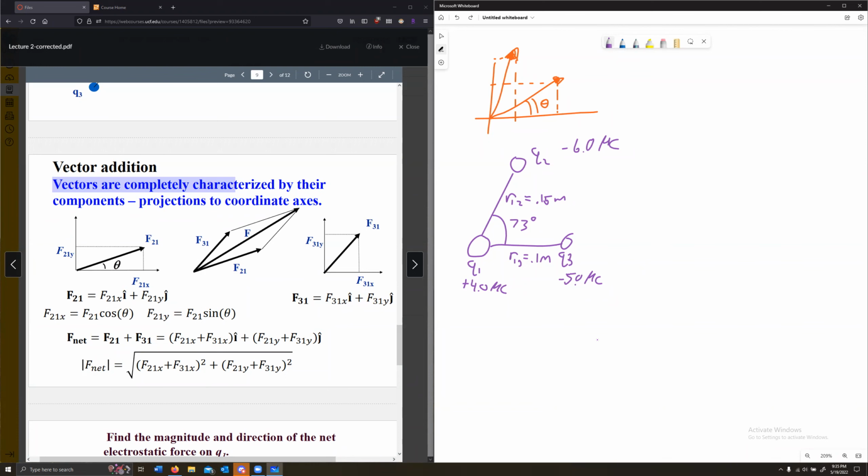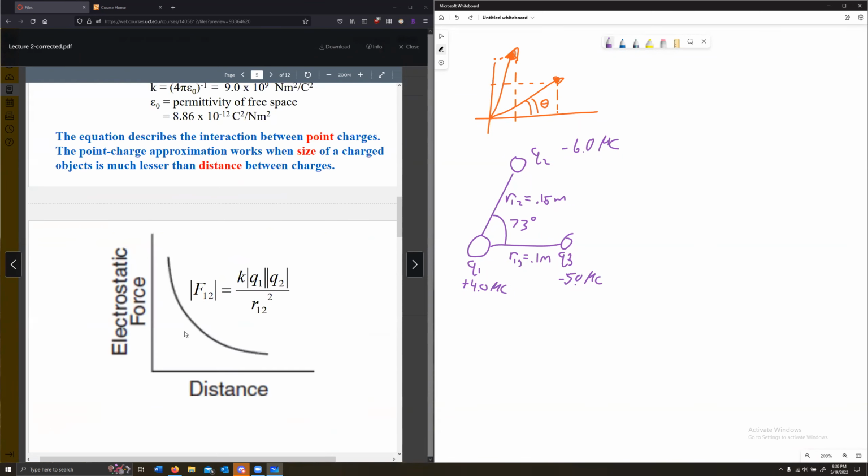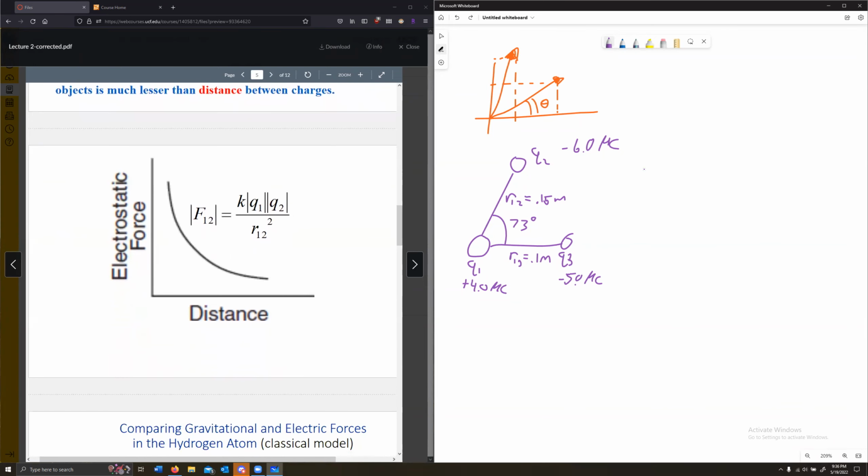So here's how this is going to work. Let's remember our equation. Here it is. The magnitude F, in this instance, I'm going to say F of 2 onto 1 is going to be the same Coulomb's constant.